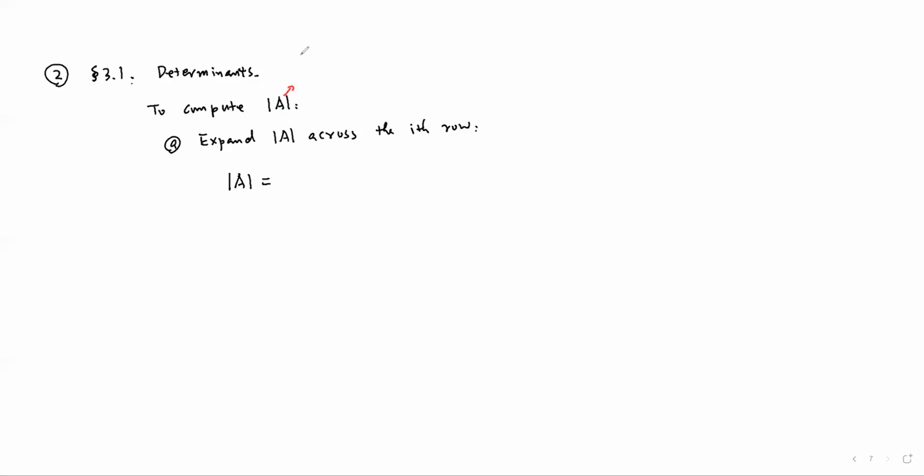For a rectangular matrix, we don't have a determinant. This is an n by n square matrix. The formula expands the determinant across the ith row. The ith row's first entry is a_i1.